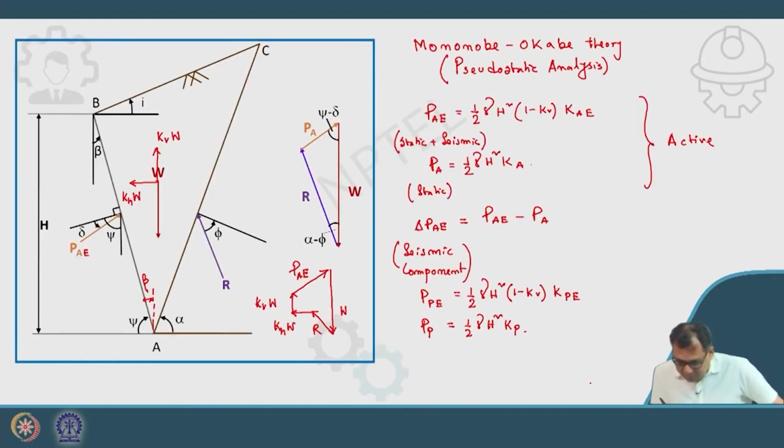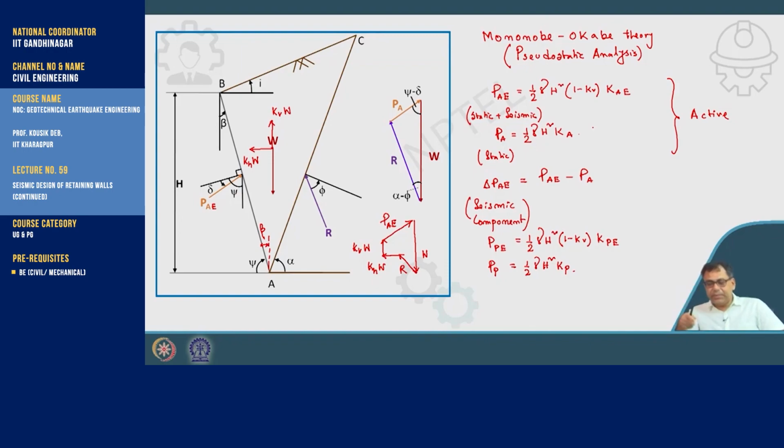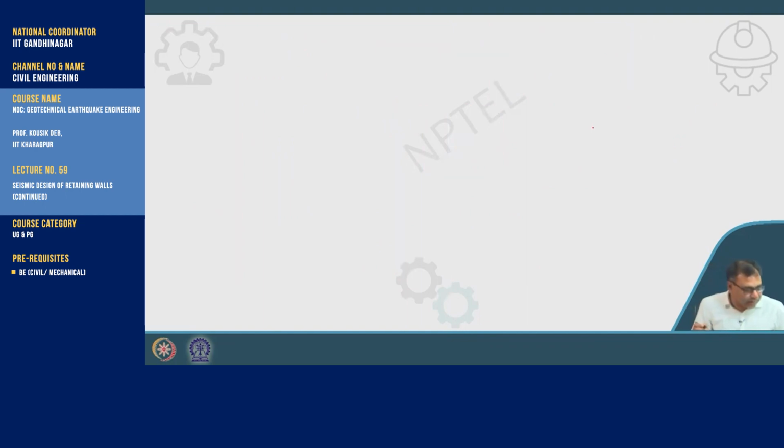Now we are talking about del PAE and del PE. What would be the point of application? I know the PA will act at a height of h by 3, but where will the PAE act? Will it act at h by 3? It's not. How will I calculate the point of application?